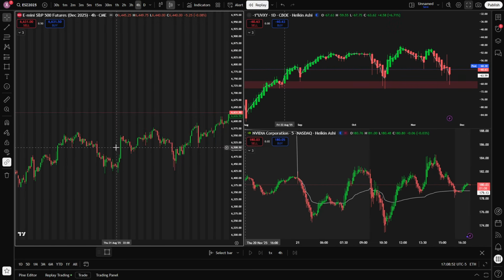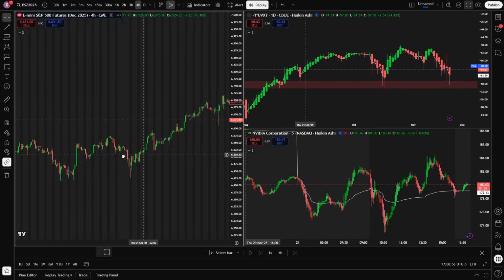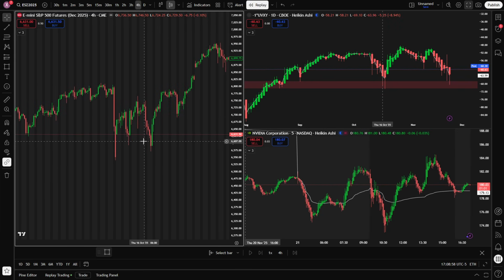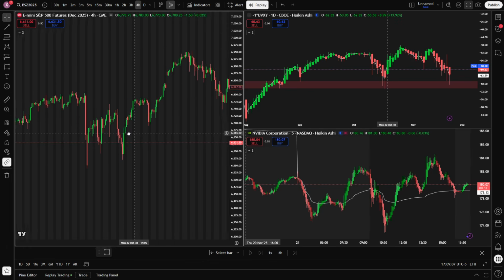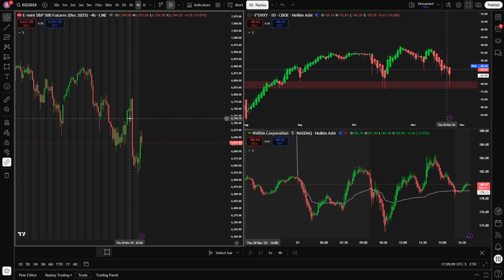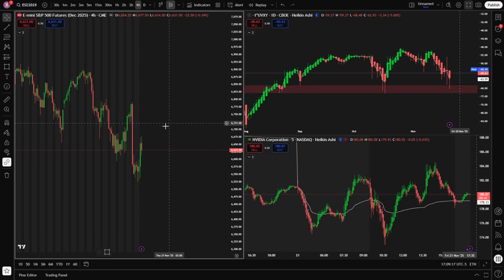We went bullish. Now we go to September 25th. We went bullish. We go to October 25th. We went bearish, then on the 25th went bearish, and then we went bullish. Go again here. Went bearish. On Friday, went bullish. That's why I'm saying this is a very key factor when trading with these confluences.